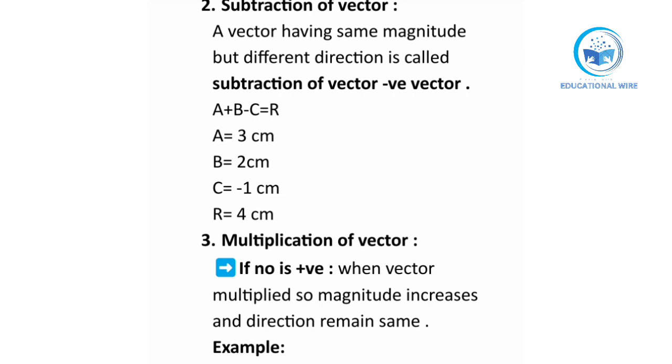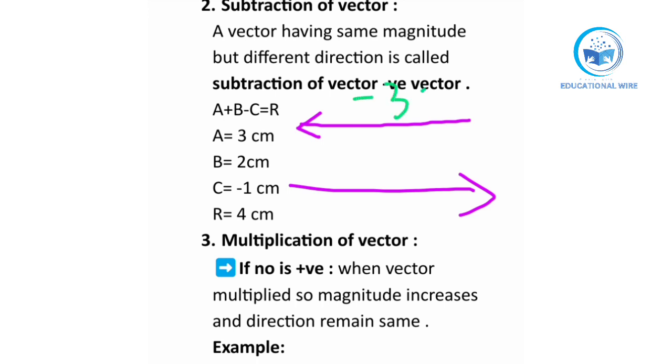You can say that we are having -2 and here we are having 3. Okay, so check it out, we have taken here -3 and this is m, and here we are having 2 and this is n. So when m is multiplied by n, we are having the answer -6 centimeter.